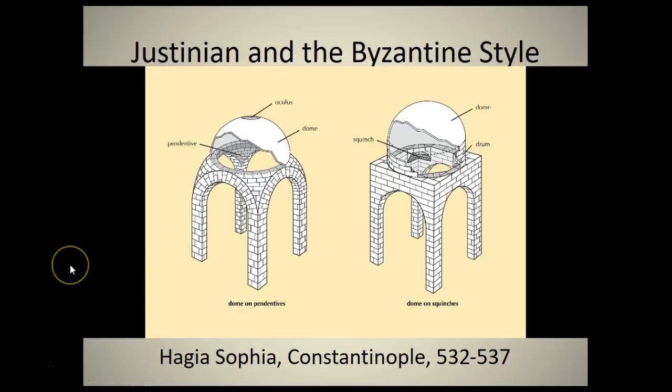A squinch is a construction filling in the upper angle of a square room so as to form a base to receive an octagonal or spherical dome. This was another solution to the structural problem that was provided by pendentives. We'll see the squinches used later, but I just wanted to show you a diagram of both.